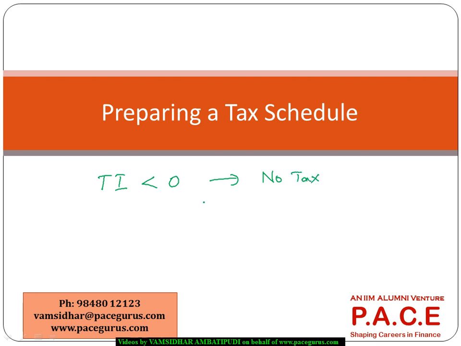But there is one more thing. Even though my taxable income is less than 0, if the PBT for that year is greater than 0, we have to check that.